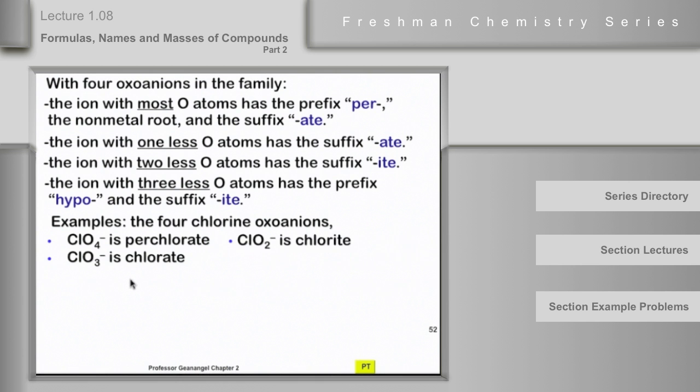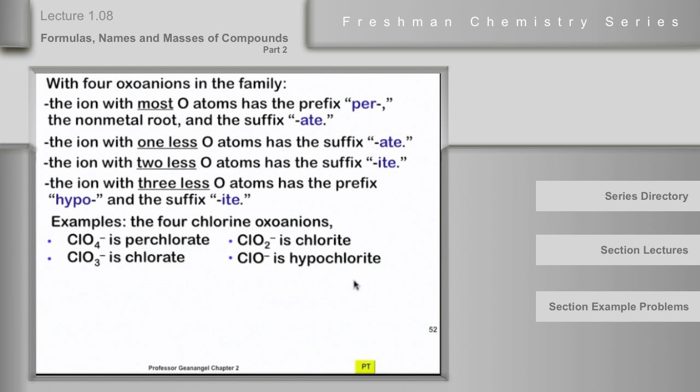If you have ClO2 minus, drop one more oxygen, then you change the suffix to ITE. So ClO2 minus becomes chlorite. Chlorite's not a very common material. Perchlorate and chlorate are both common. Finally, with one oxygen atom, ClO minus uses the hypo and the ite to make hypochlorite.